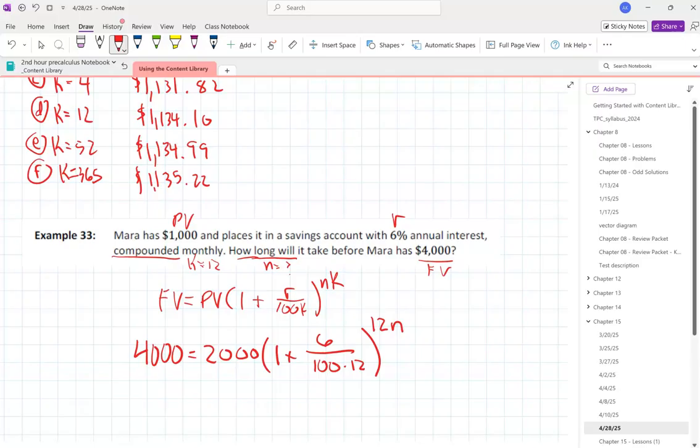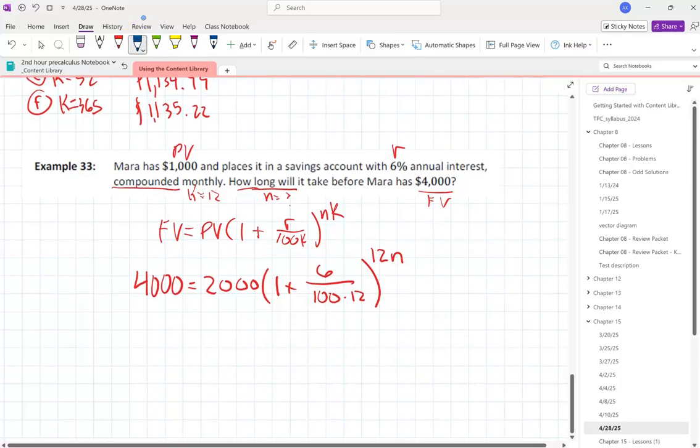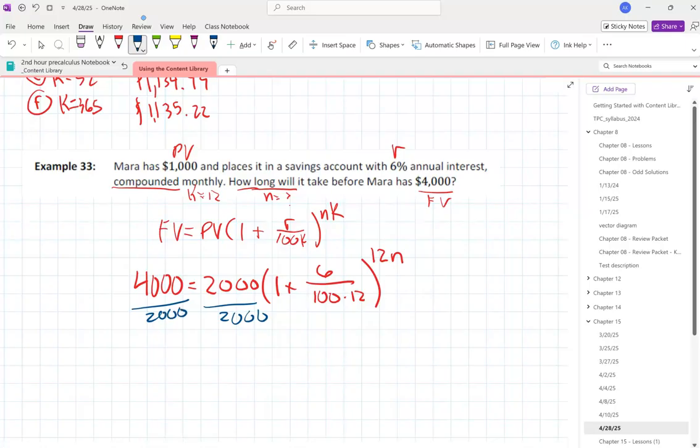Logarithm, yes. All right, so to do that, we're going to start by getting the exponential piece by itself. Divide both sides by 2,000. Now, I could turn that into a fraction, I guess, but I'm just going to leave it like this.